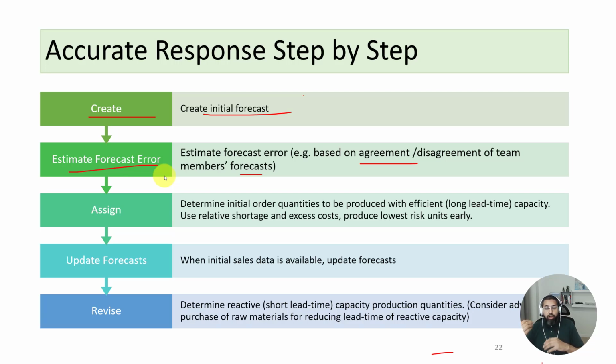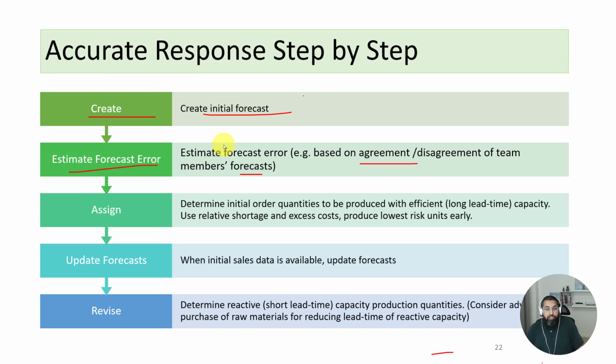So last year, for SKUs where these teams differed by plus minus 1,000 units, the forecast error was plus minus 2,000 units. When these teams differed by plus minus 100 only, the forecast error was plus minus 150 only. So you will have this mapping of how the agreement of the team members can predict the forecast error based on historical data, historical performance of these teams.